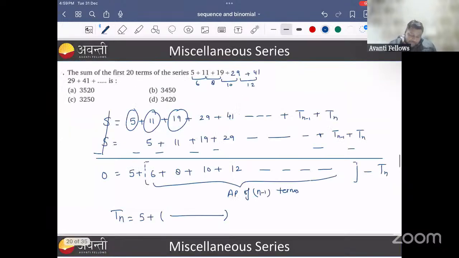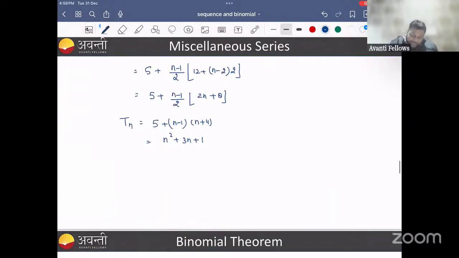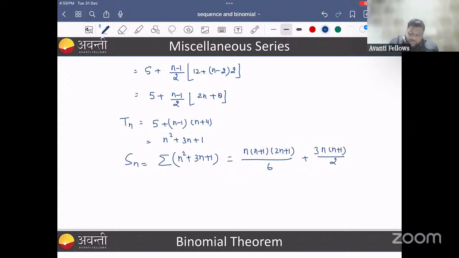They are asking for the sum up to 20 terms. So before that, find Sn. Sn is what? Sigma of n square plus 3n plus 1. Now we have the formula for all of them. That is n into n plus 1 into 2n plus 1 upon 6 plus thrice of n into n plus 1 upon 2 plus n. Am I clear?